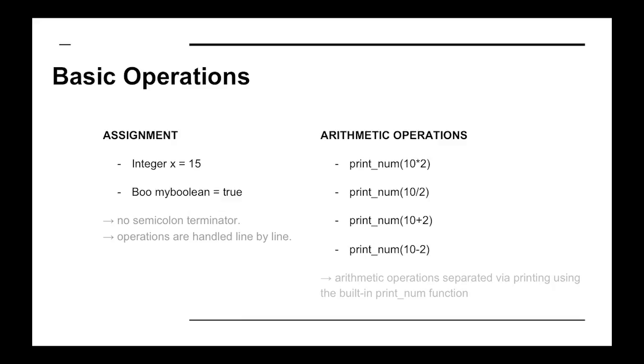It's the exact same process to assign a Boolean, except the keyword is boo with a capital B, your Boolean name for your variable, and then the equal sign followed by the word true or false. In order to do arithmetic operations, you need to write print_num, and then within the parentheses, put the expression that you want evaluated.